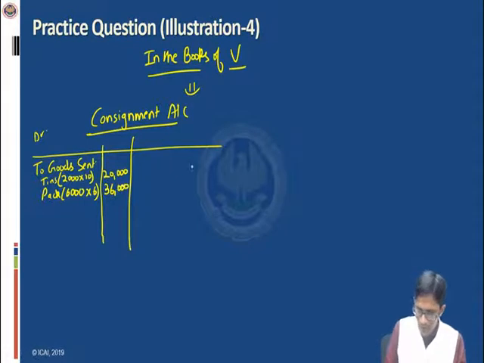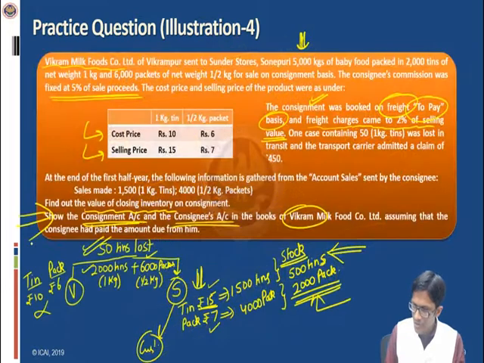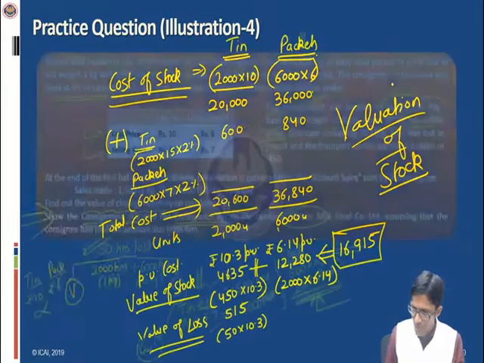Okay, what other entries are made? So the next entry in the consignment account is the expenses. Whose expenses? Consignor's expenses or consignee's expenses? Tell me. Expenses of both. But in our example, who has incurred the expense? We know that the freight expense has been incurred by the consignee. And how much is that?